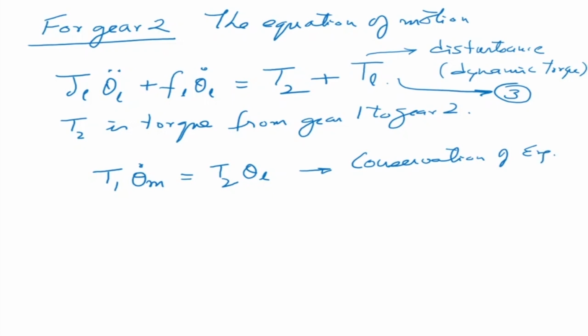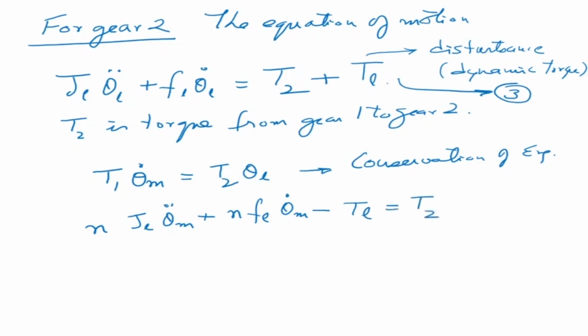Equation 1 was giving the relation between the link side velocity and the motor side velocity. So we are converting equation 3, whose variable is theta L, into terms of theta m. What we get is n times JL theta m double dot plus n into FL theta m dot minus TL is equal to T2.